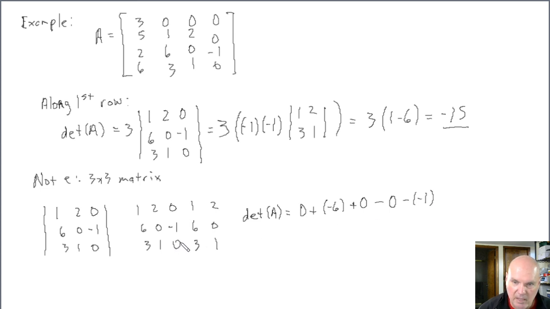And then for this last one, it's minus 0 times 6 times 2. And so here I'm going to get minus 6 minus a minus 1. So I get negative 5 for the corresponding determinant of this 3 by 3 matrix, and that's the same result I had here. This is the minus 5 that appeared for this determinant.